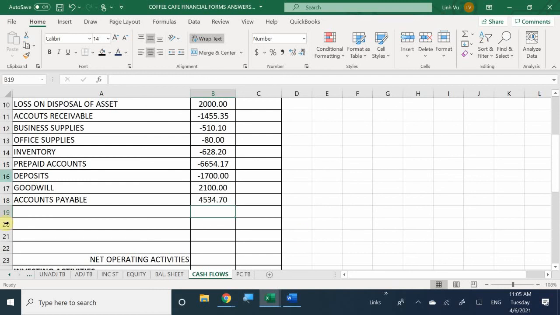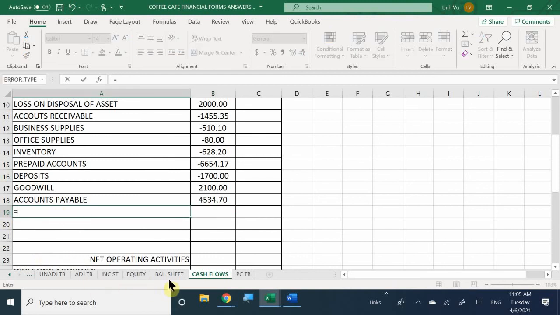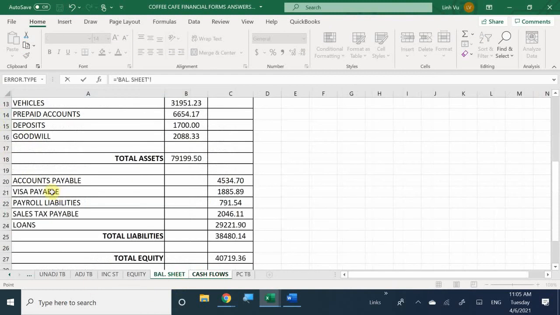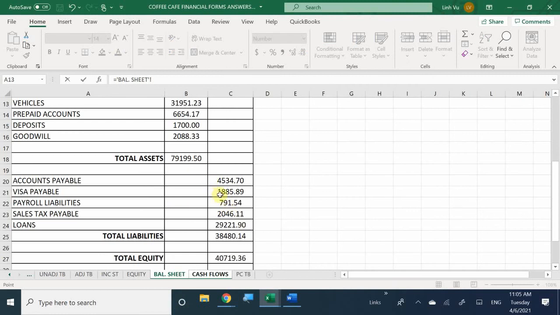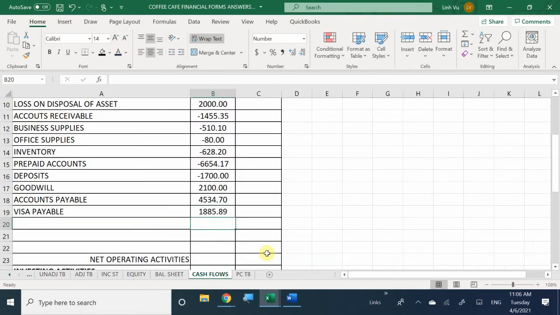Same thing with my Visa payable, right? Did I pay for my Visa payable yet? No. So I need to add back that money because in accounts payable, it's assuming that you owe this person money, so therefore you're going to eventually pay it off.